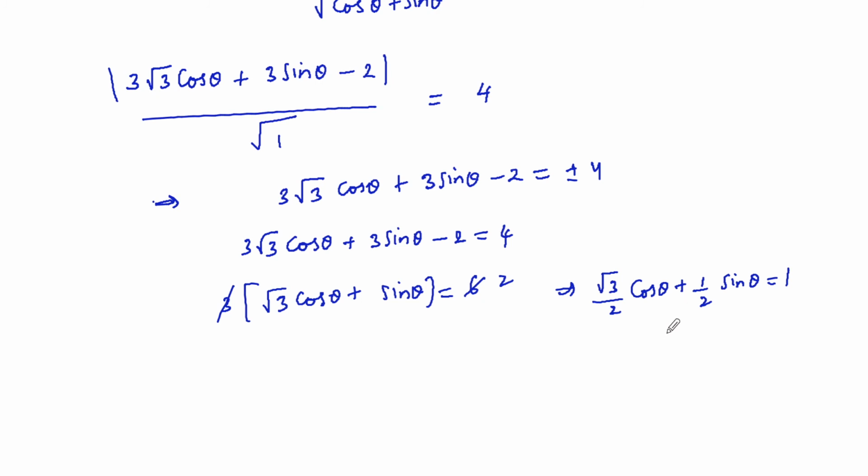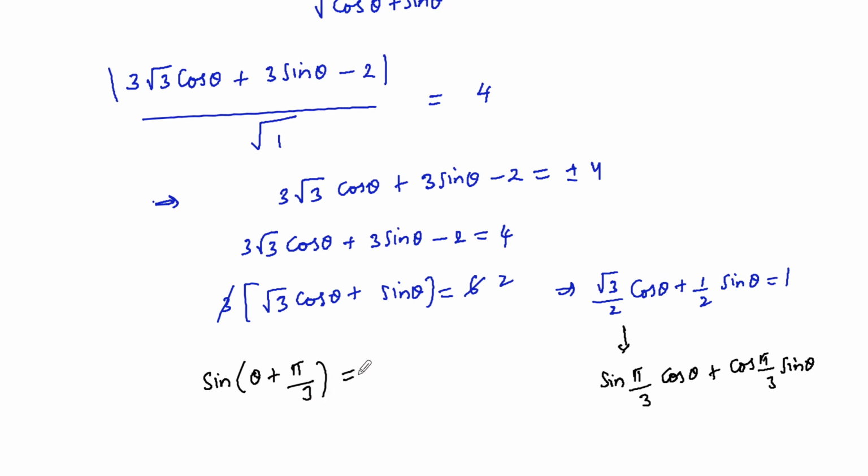And here we can apply the formula like sin a cos b plus cos a sin b. So this is like sin pi by 3 cos theta plus cos pi by 3 sin theta, which equals to sin a plus b, we can write sin theta plus pi by 3 is equal to 1.